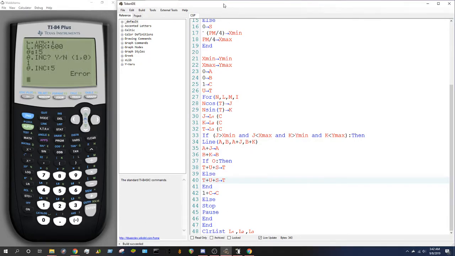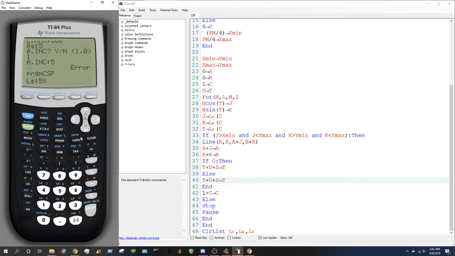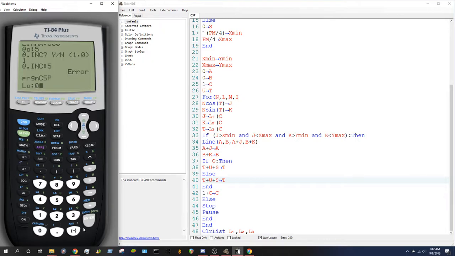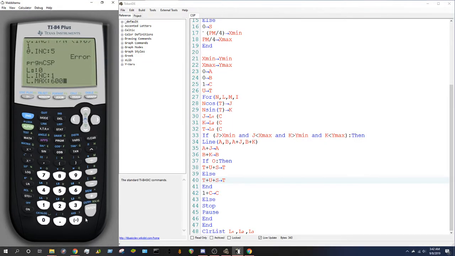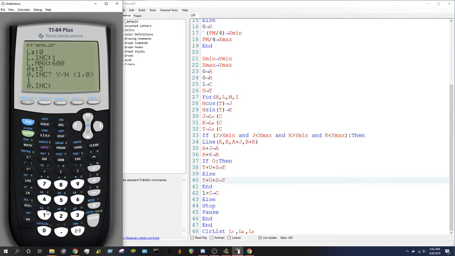I just don't know what to do, man. It really shouldn't be what it's doing, but it is what it's doing. Okay, we start at 0, increase is 1, max is 600. Start at, let's start at 5, yes, increase by 10. This should legitimately not look like this.